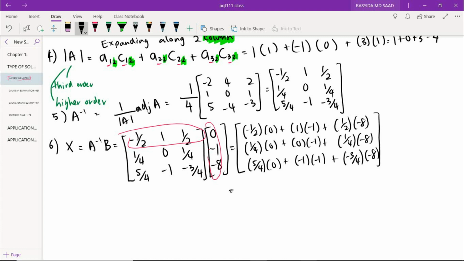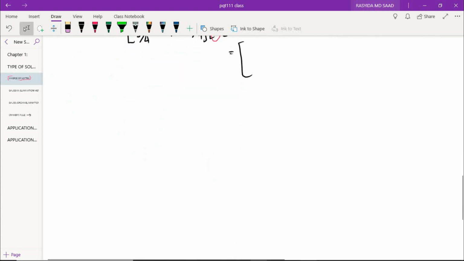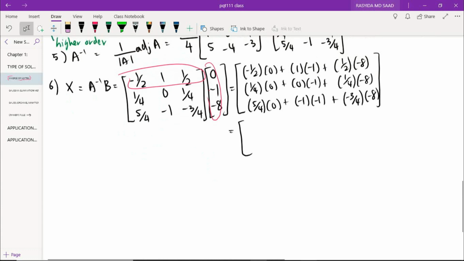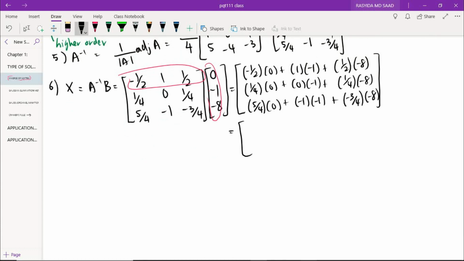Then solve this and you will get negative 1 over 2 times 0 is 0, then negative 1, then negative 4, and so on, and 24 over 4 gives 6.